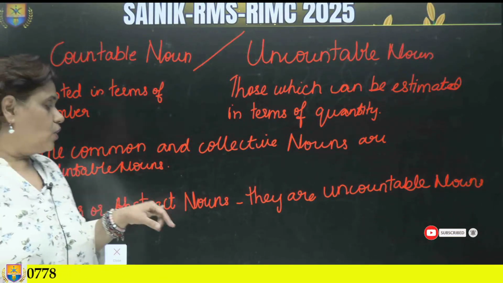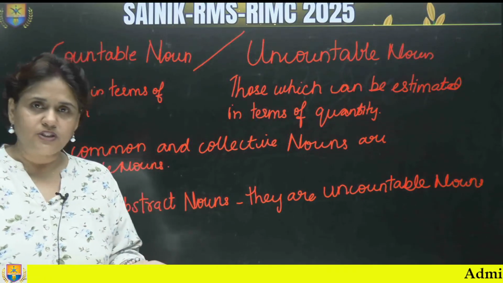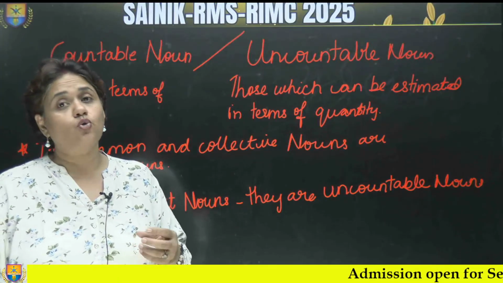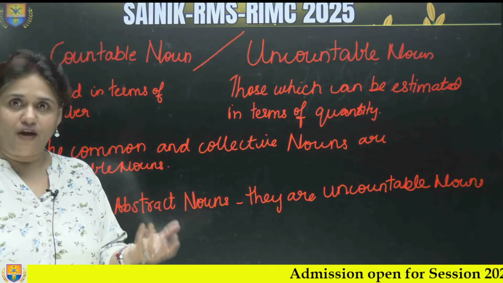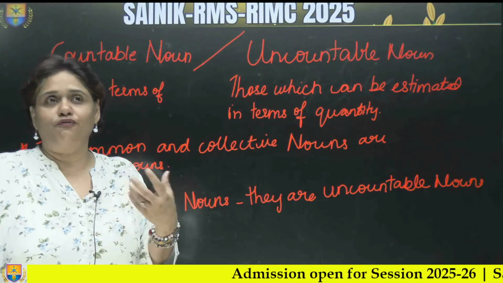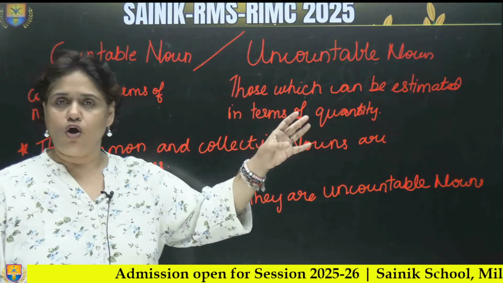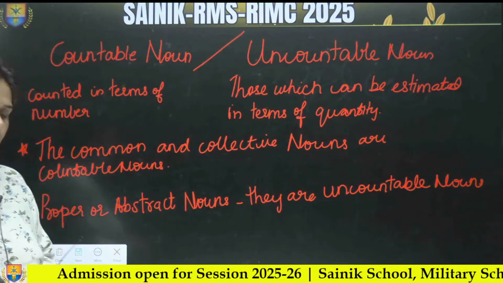The proper noun or the abstract nouns. What are abstract nouns? We have just read about the abstract nouns. They are those which are felt. So definitely the feelings cannot be counted. So they come under the category of uncountable noun.